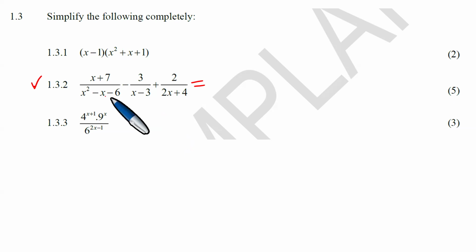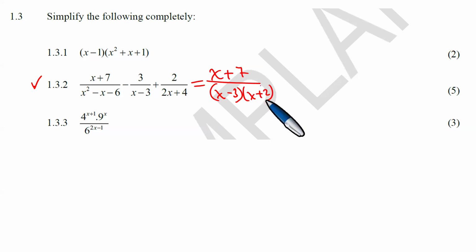First things first, you always factorize the denominator of each of these. So you have x plus 7 all divided by x minus 3, x plus 2, minus 3 divided by x minus 3, plus 2 divided by 2 open bracket x plus 2.